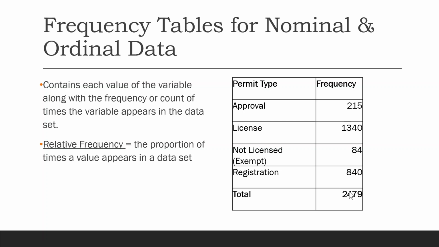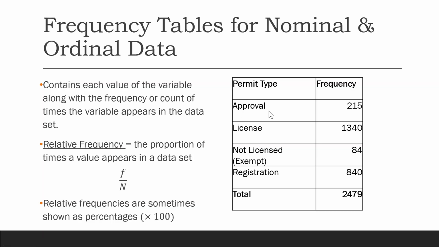To calculate that proportion, all we have to do is take each of those frequencies, which in a formula I'm going to represent with the variable F. So I can go to approval, take that 215 divided by the 2,479, which is the total sample size, and I'm going to get the relative frequency of approval permit types in that data set. And if I were to multiply that by 100, I would get a percentage.